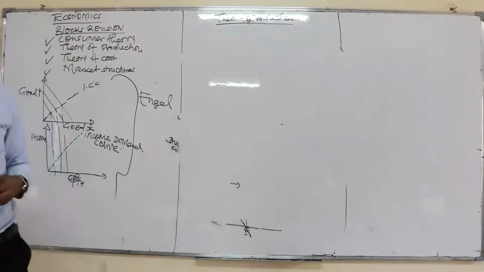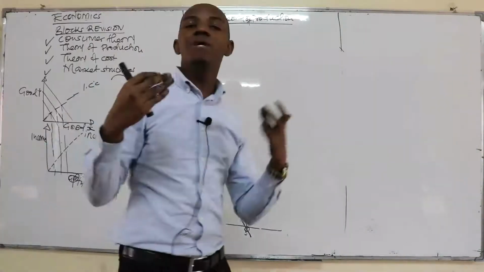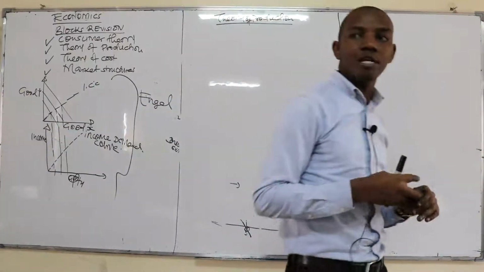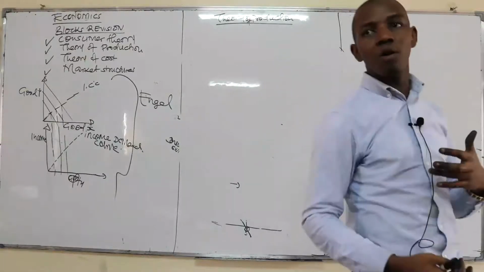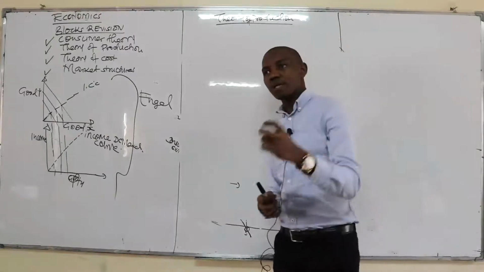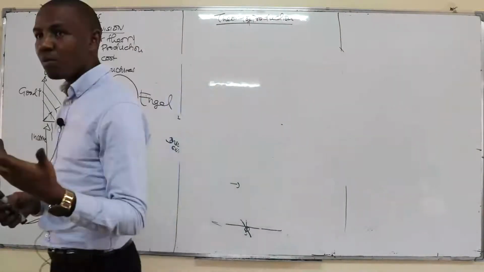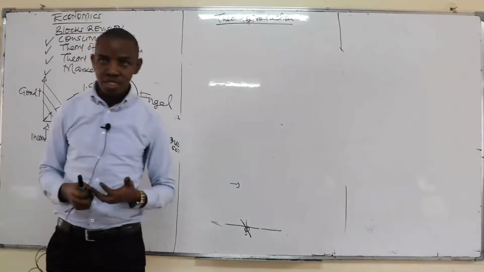Now, when you talk about the occupational mobility, in this case, it's just the ease of movement of factors of production from one type of employment to another, from one given occupation to another occupation. That is what we mean when we talk about the occupational mobility.